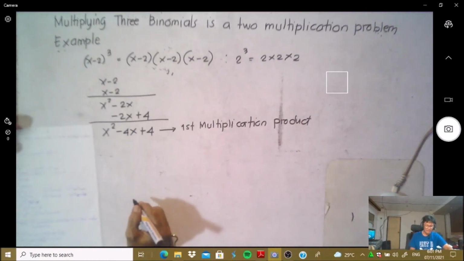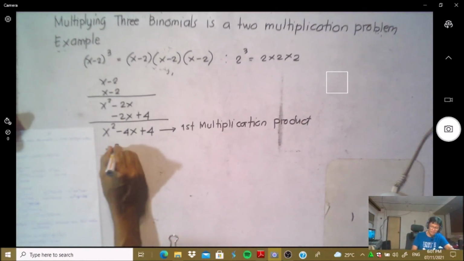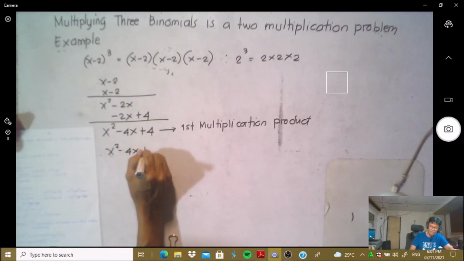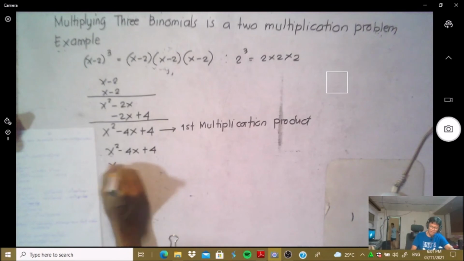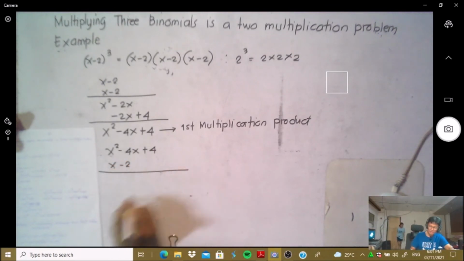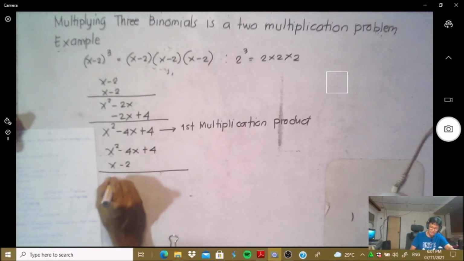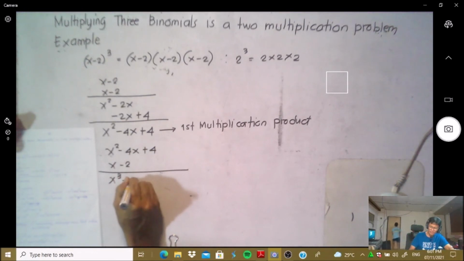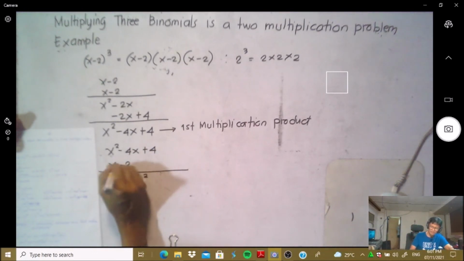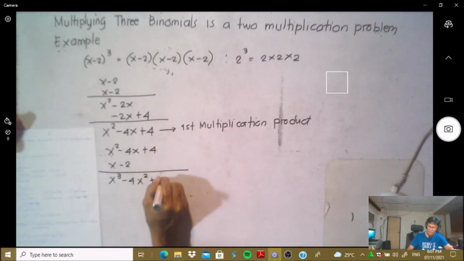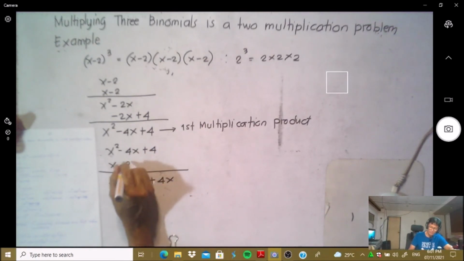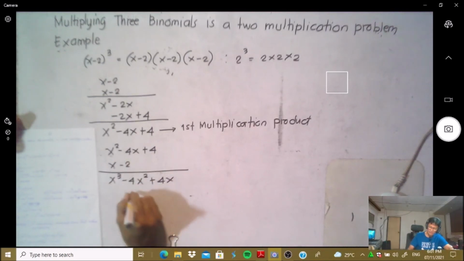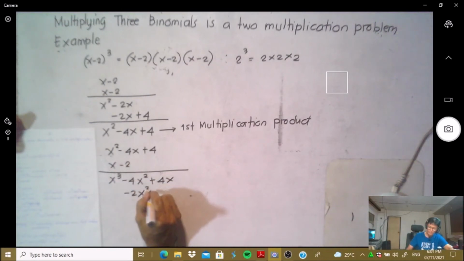Then we have to go with the second multiplication. So we have x squared minus 4x plus 4 to be multiplied with x minus 2 again. x multiplied by x squared is equal to x cubed. Then x multiplied by negative 4x is equal to negative 4x squared. Then x multiplied by positive 4 is plus 4x. Then negative 2 multiplied with x squared is equal to negative 2x squared. Then negative 2 multiplied by negative 4 is positive 8x.